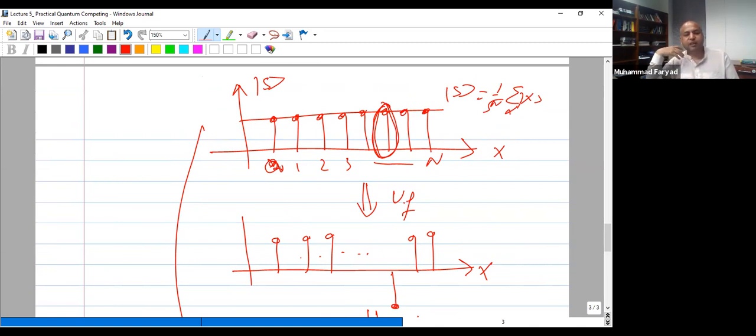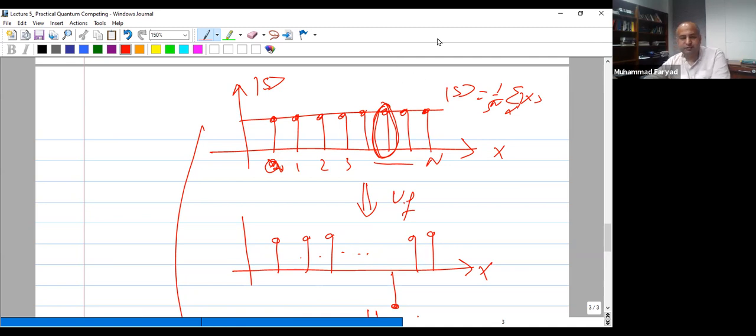In general, when we have a superposition state that contains everything, the thing that we are looking for and the things that we are not looking for, we have to come up with an algorithm that selectively amplifies the probability amplitude of the state which you want at the output, and suppresses the amplitudes of those states which you don't want at the output. So that's how we generally think about quantum algorithms.